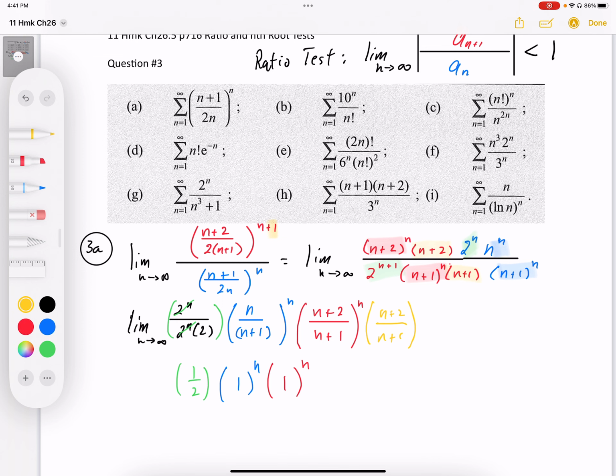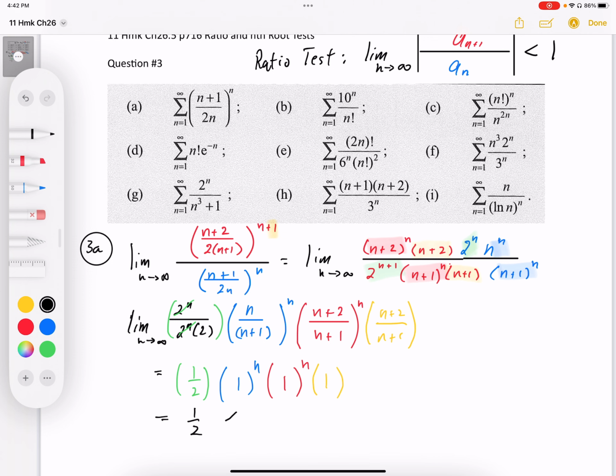And then the last one, that's going to just be 1 as well. And in fact, I probably could have grouped that with the red and just had the exponent as n plus 1. Regardless, those are all terms that equal 1. Okay, so we end up with 1/2 times 1 times 1 times 1. So the limit is 1/2.